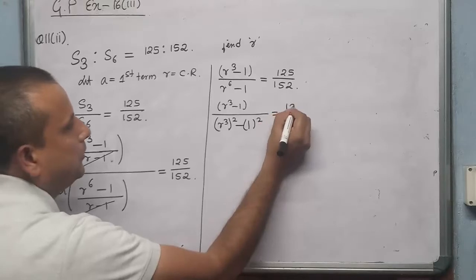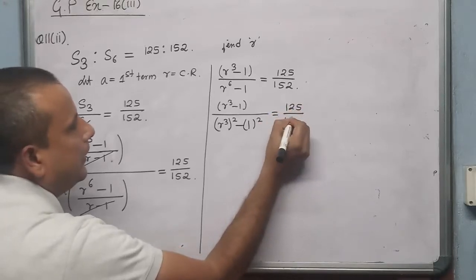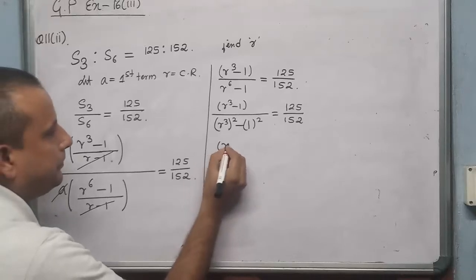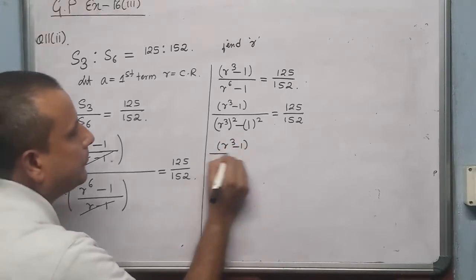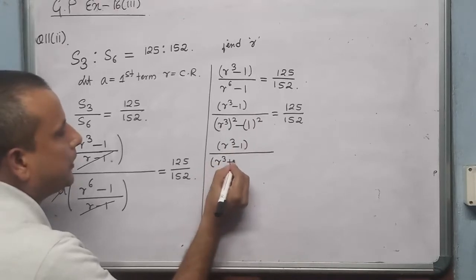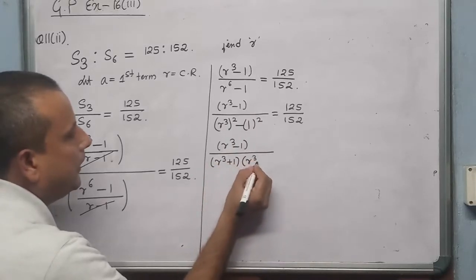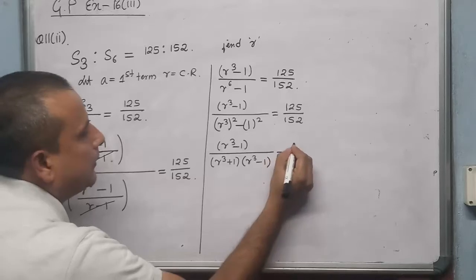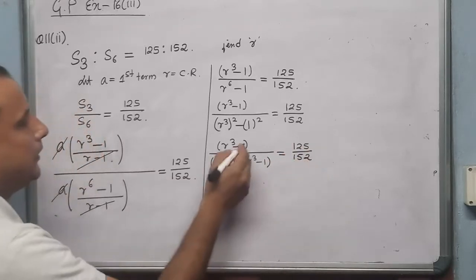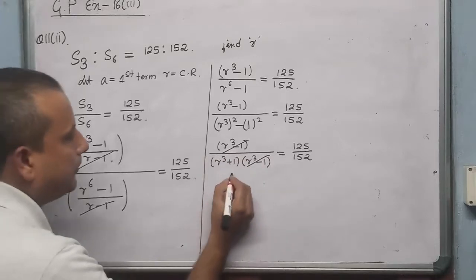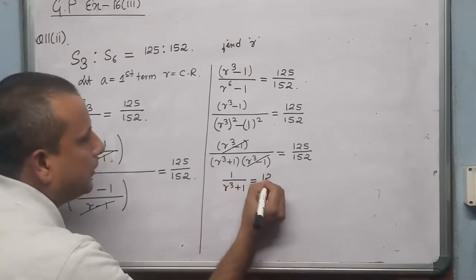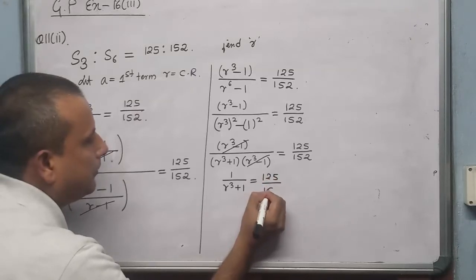Then I'm going to use the formula a square minus b square, which is (a plus b) into (a minus b). So that these two quantities get cancelled. Now we have 1 by (r cube plus 1) is equal to 125 over 152.